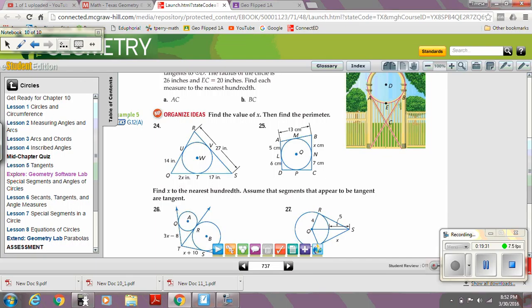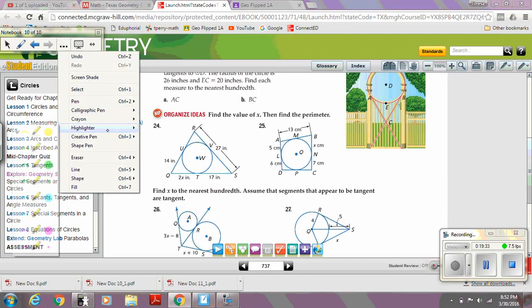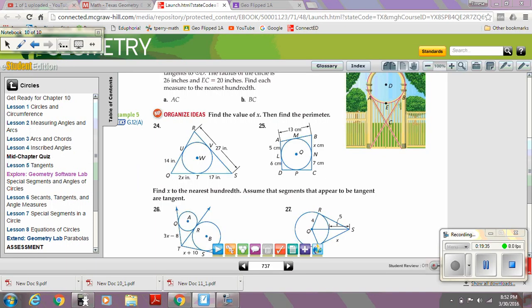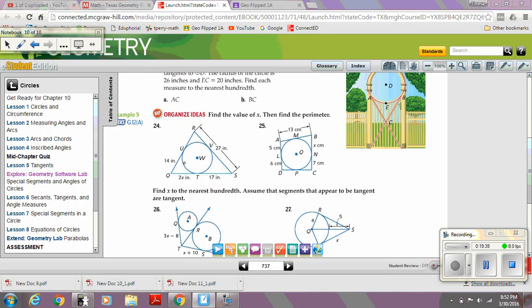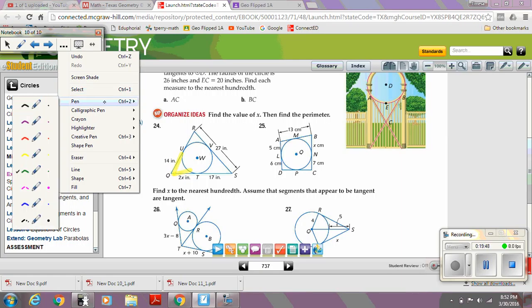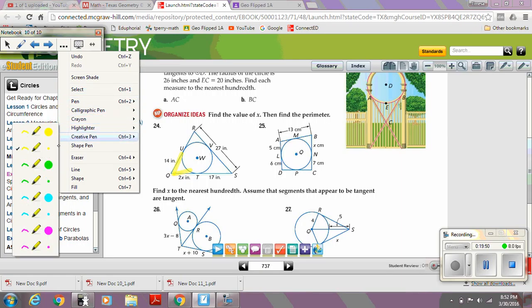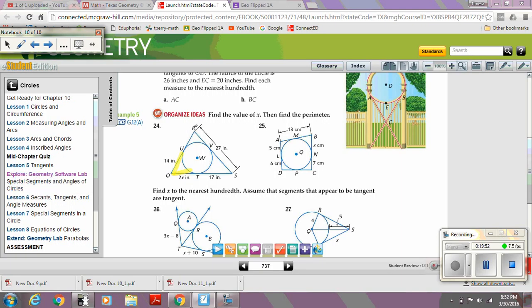There's one right here. There's a pair of congruent segments. Here's a pair of congruent segments.